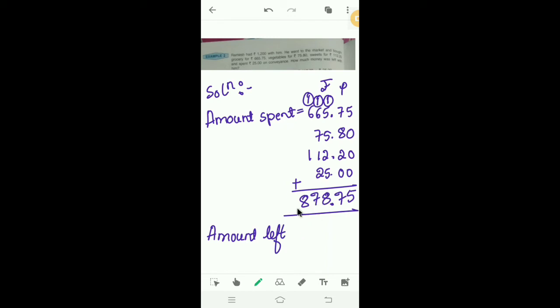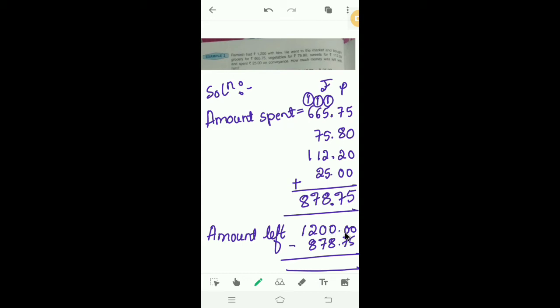Next we have to subtract 878 rupees 75 paise from 1200 rupees. 1200 minus 878 rupees 75 paise. 0 minus 5 is not possible to subtract, so we have to borrow from the next number.